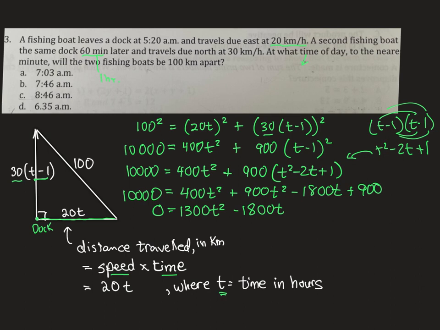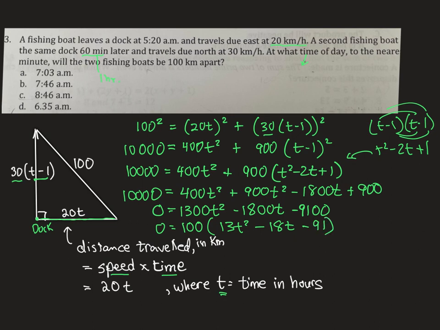Okay, 900, actually I could figure that out in my head. But negative 9,100. Now, if you want to factor it, I would first factor out a greatest common factor of 100. Then the numbers are a lot smaller. So 13t squared minus 18t minus 91.